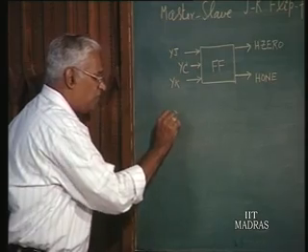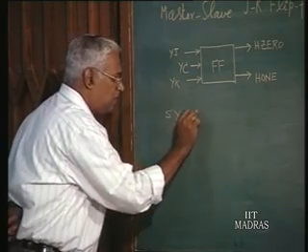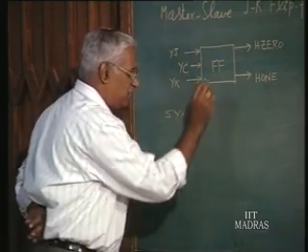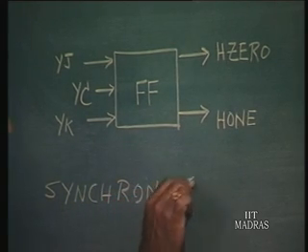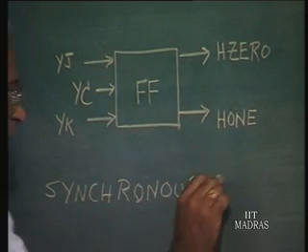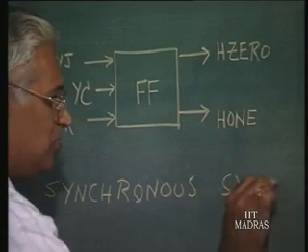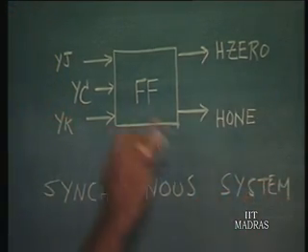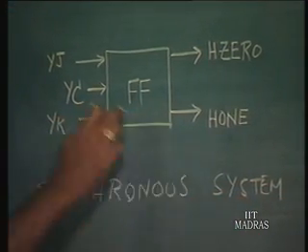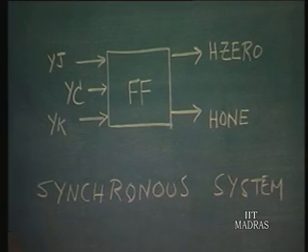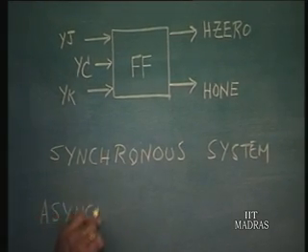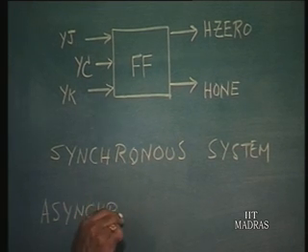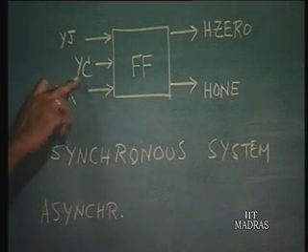It is also possible to have instead of a synchronous flip-flop, the other one called an asynchronous flip-flop. Now, though I say here what we are talking about is just this component flip-flop, one can also have an asynchronous one. In that asynchronous system, the clock will be absent.